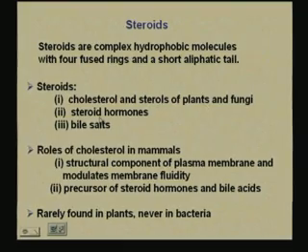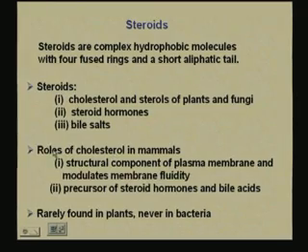We have steroid hormones and bile salts. The bile salts that help in our digestion are all derivatives of cholesterol, which is why you have probably heard of gallstones. Many gallstones are made of cholesterol and a combination of these bile salts and cholesterol.